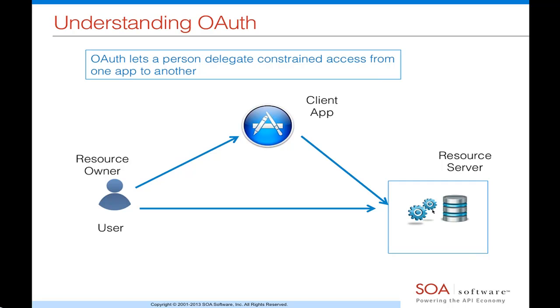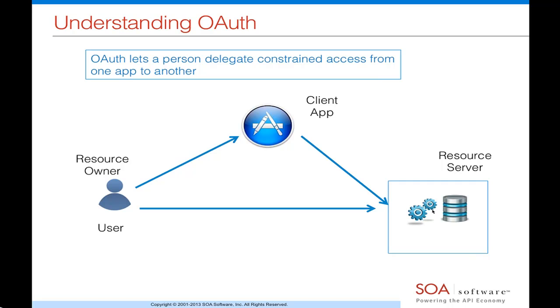You might want to give access to a mobile app to some information that's in Facebook. So you want some other app to access your Facebook account and access some information on behalf of you from Facebook. But you want to give that app restricted access.